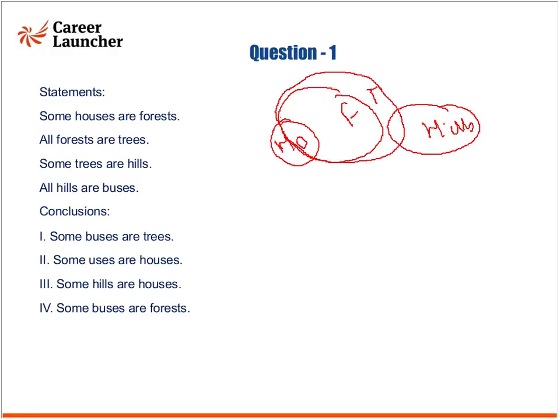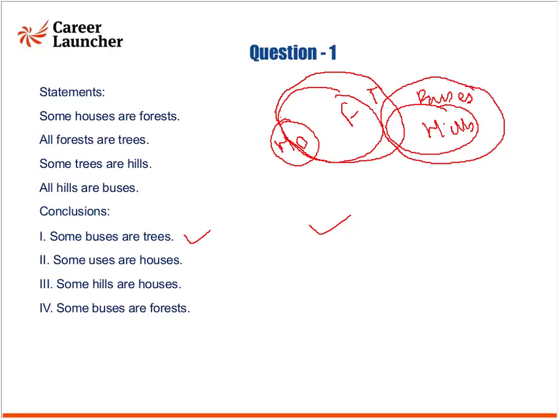Now this is all based on what we've seen in the previous sequences that I've shown you. Some buses are trees, so we see some buses are trees. Yes, some buses are trees. You can see conclusion 1 is valid. Some buses are houses.